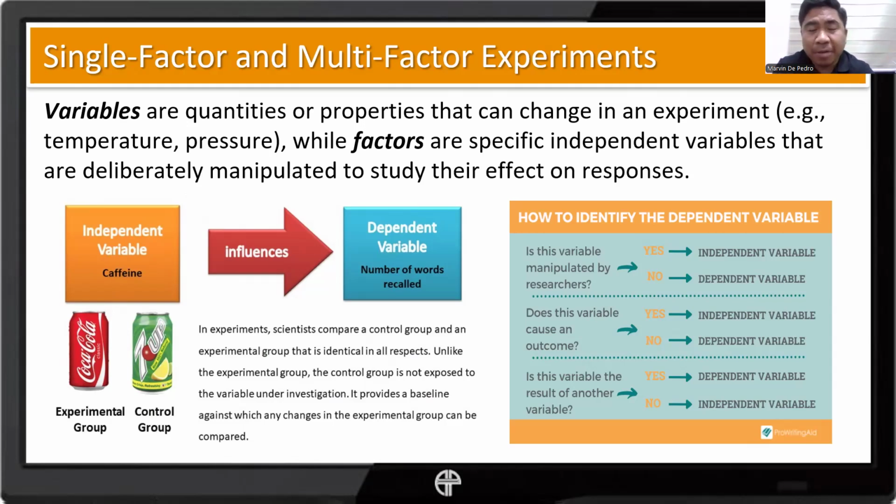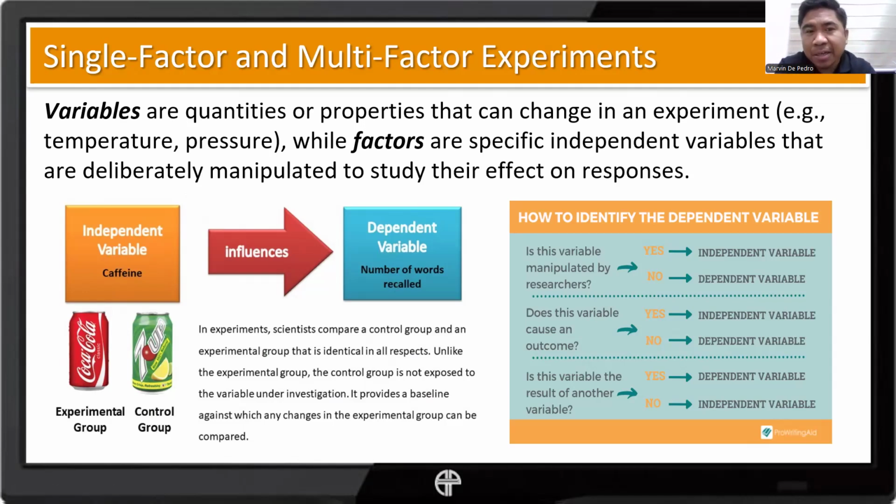Such things we just have fixed throughout the experiment. While for the experimental group, one of those factors is being manipulated, so that we'll see whether manipulating it will have an effect on the dependent variable that we are studying.